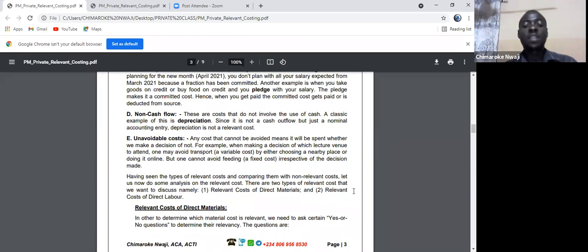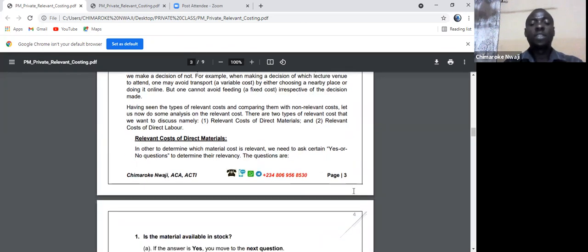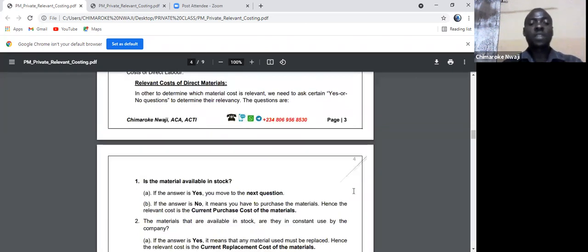First one is the relevant cost of direct materials, and the second one is the relevant cost of direct labor. So we're going to be looking at these two one after the other and see how they are relevant in management decision.